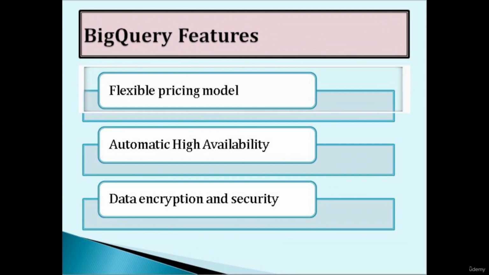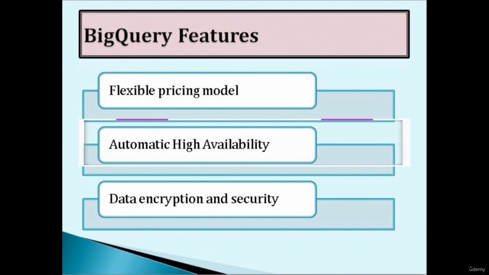Fifth is automatic high availability. Free data and compute replication in multiple locations means your data is available for query even in the case of extreme failure. BigQuery transparently and automatically provides durable replicated storage and high availability with no extra charge and no additional setup.